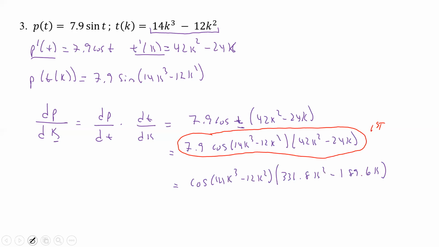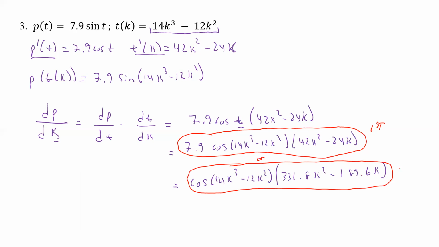And now that is going to be the most reduced form for my derivative. So I could say this or that. And so that would be my second or most simplified form. Okay. And so both of those give me the derivatives for our P of T of K. Okay. All right. So let's stop there and I'll come back for more.